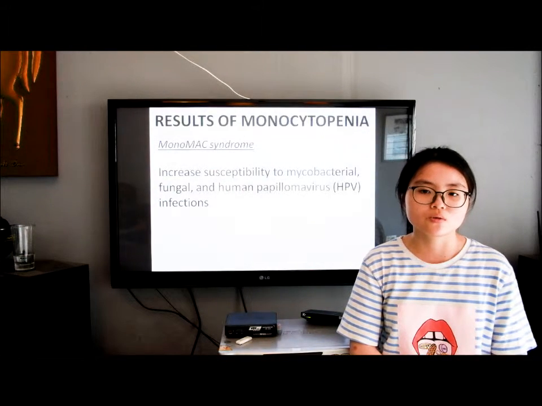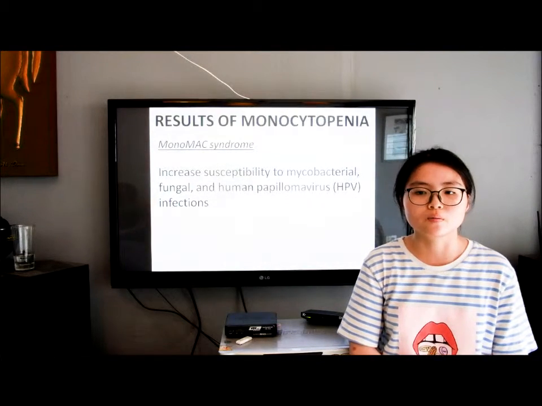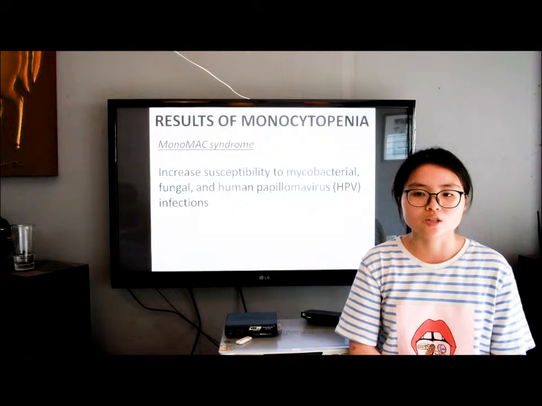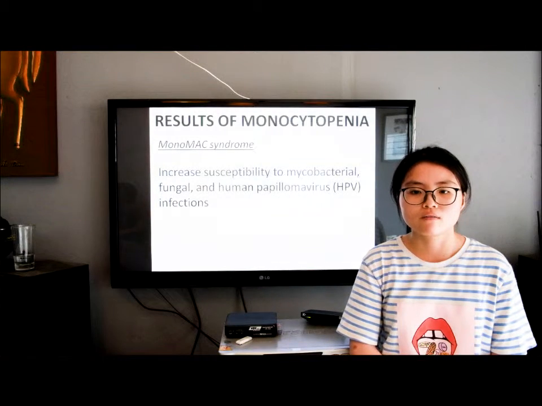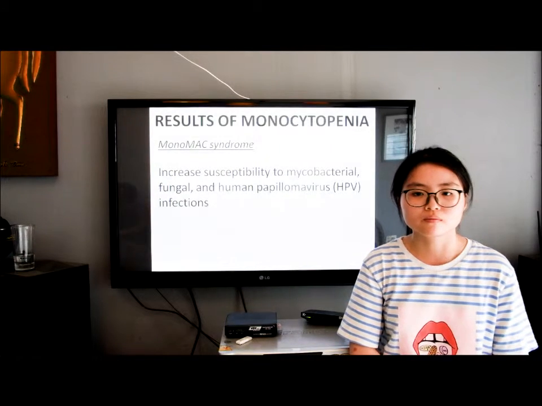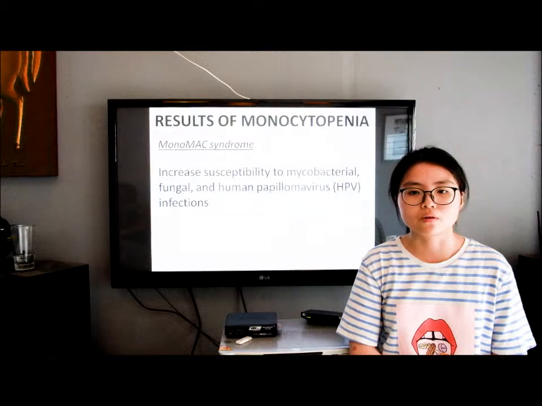Monocytopenia is also associated with MonoMAC syndrome. This recently recognized but rare disorder has the complete absence of monocytes. The syndrome is characterized by increased susceptibility to mycobacterial, fungal, and human papillomavirus infection. The cause is a gene defect that affects the bone marrow.